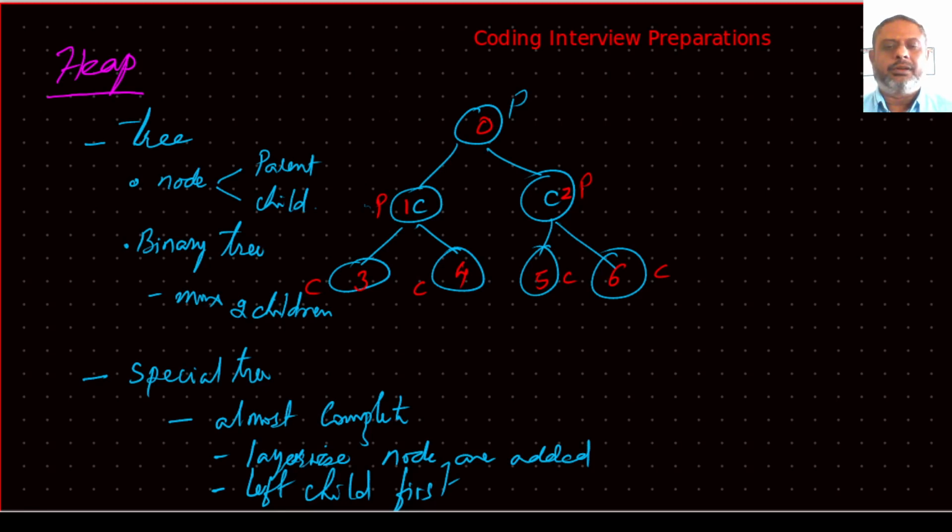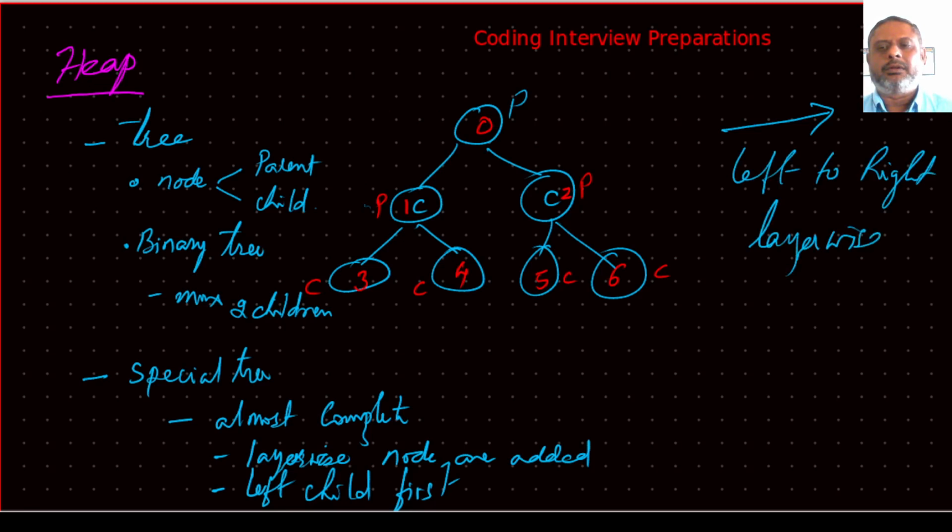For node 1, its left child is 3, right child is 4. For 2, left is 5, right is 6, or in other words, the child numbering is done from left to right, and that too layer wise.